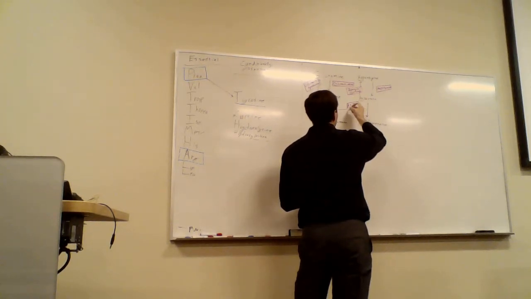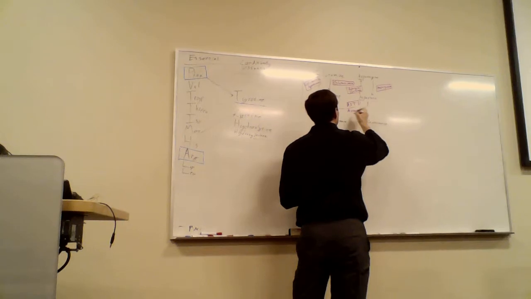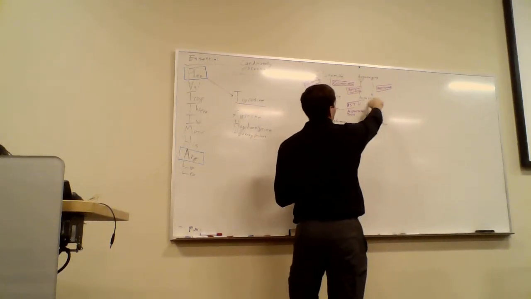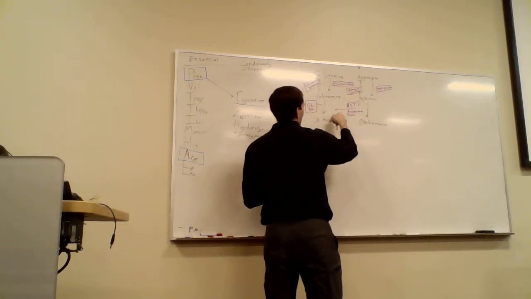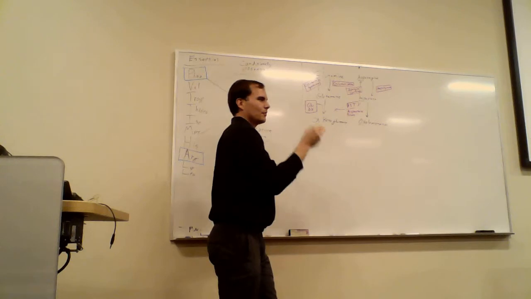Aspartate transaminase, and I'll write it out. That acts on the glutamate to make alpha ketoglutarate, is that what you're saying? It takes the nitrogen away from this guy and adds it to an alpha ketoglutarate to make a glutamate. Perfect.